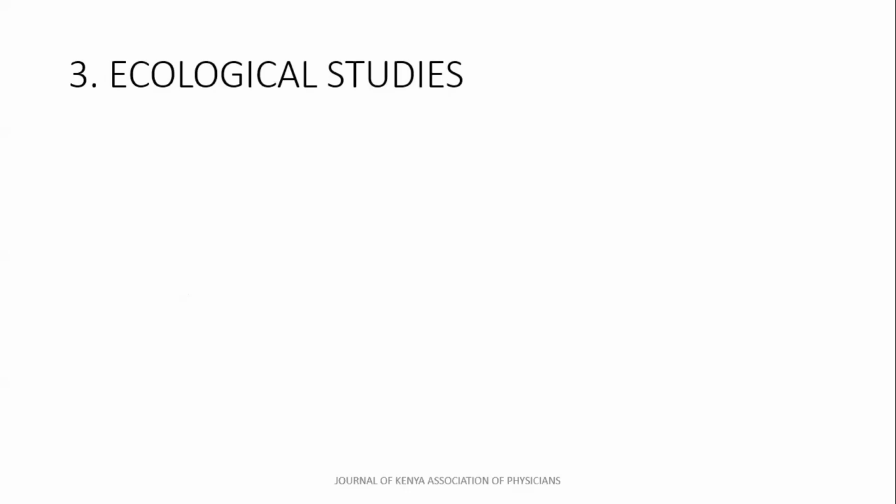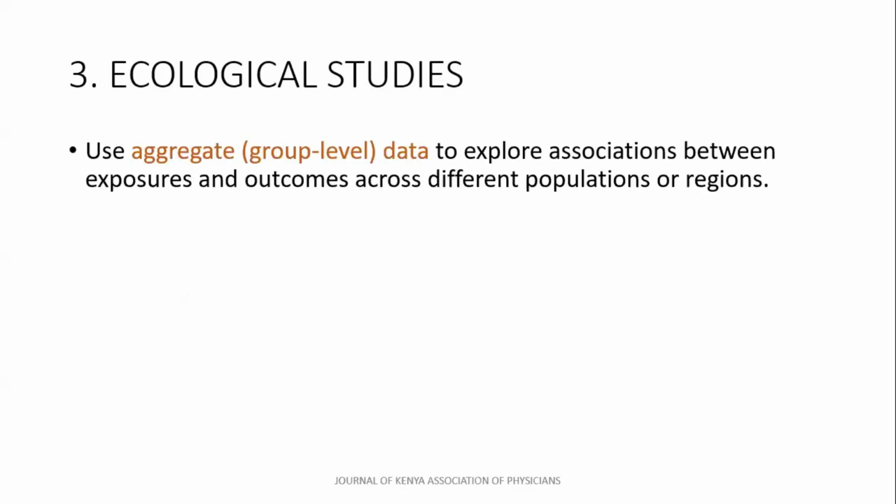So the last type of descriptive studies are ecological studies. Ecological studies are unique because they use group-level or aggregate data to explore relationships between exposures and outcomes across different populations or regions.